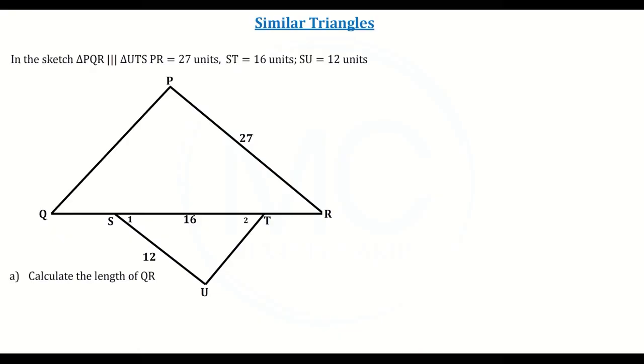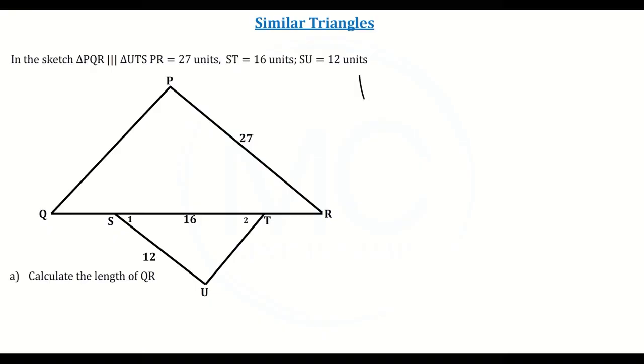We have been told that triangle PQR is similar to triangle UTS, which means that not only are their corresponding angles equal, but their corresponding sides are in proportion. And we're going to use this to find the length of QR. Let's start by writing down each pair of corresponding sides as fractions.